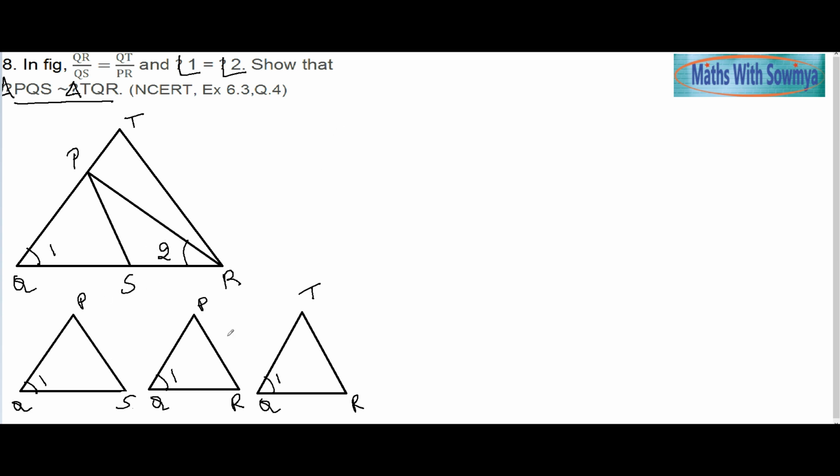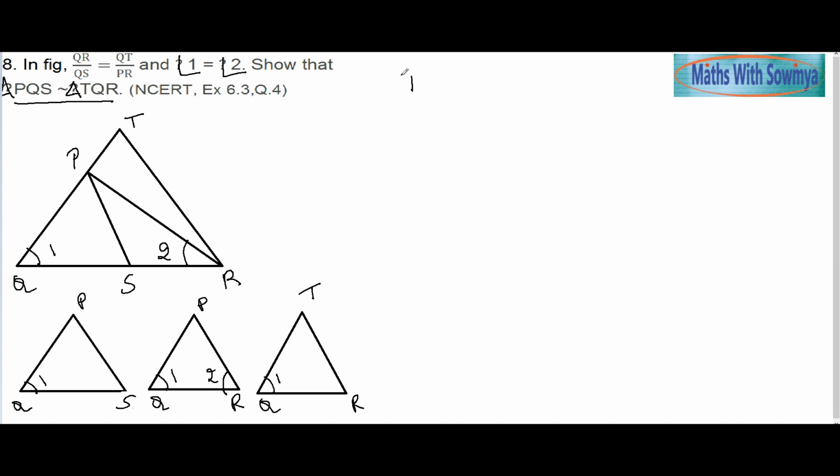So, I just took the three individual triangles here. First one, you can see this smaller one, PQS. Then I have taken this PQR, this particular one where this will be angle 2 for me. And this one, TQR, the last bigger triangle I have taken. I just separated the triangles here.